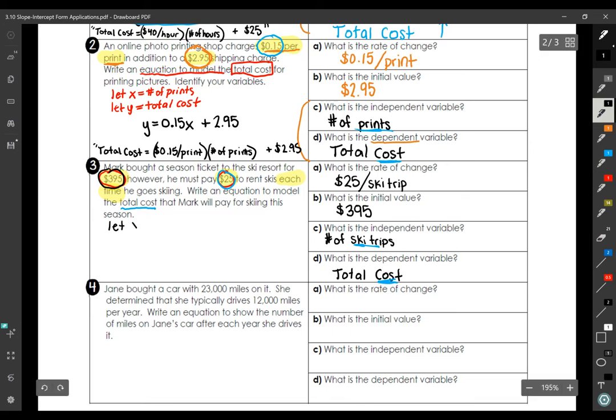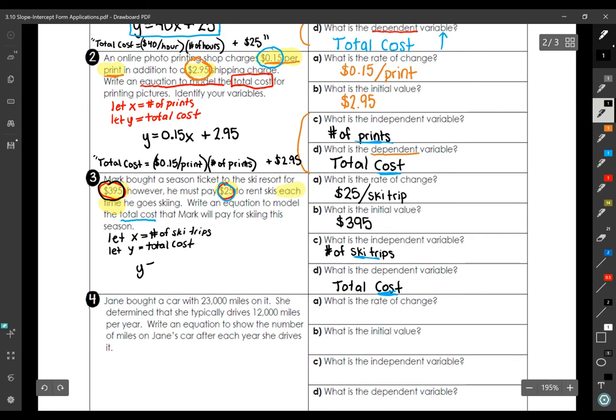So let X represent the number of ski trips. We're going to let Y represent the total cost again. And we're going to create our slope-intercept form equation. So Y is equal to 25 times X plus 395, right?